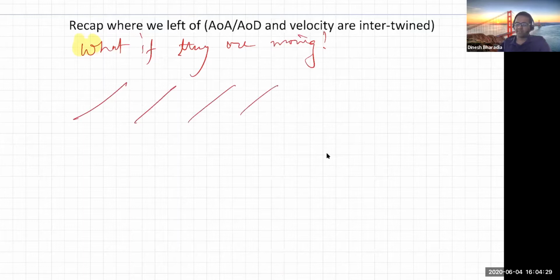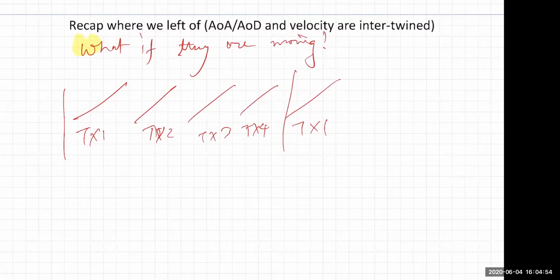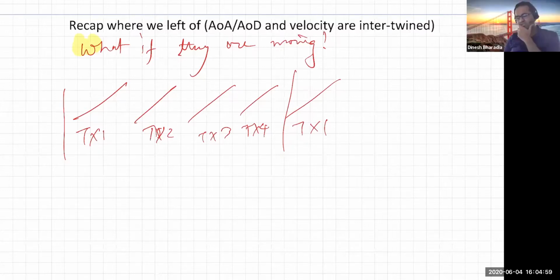This is your transmitter 1, 2, 3, 4, and back to 1. In this short period of time, what do you expect to happen? The person would have moved and would not be in the same location. That is correct.